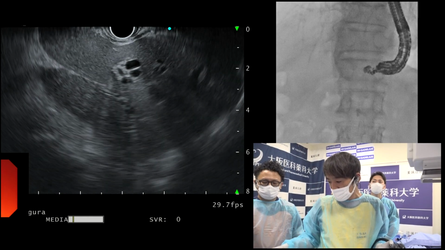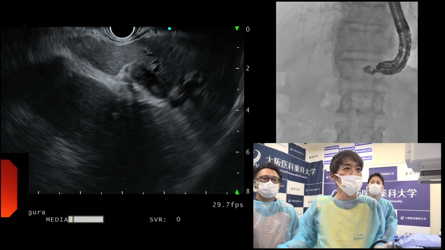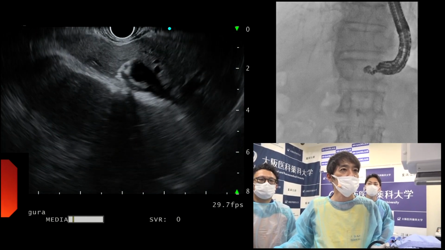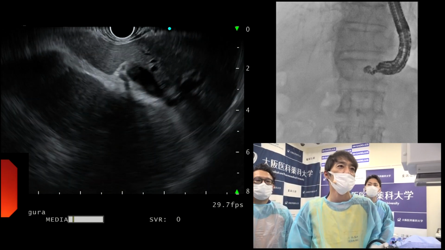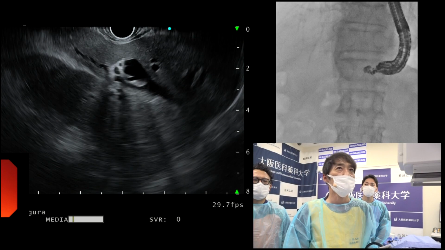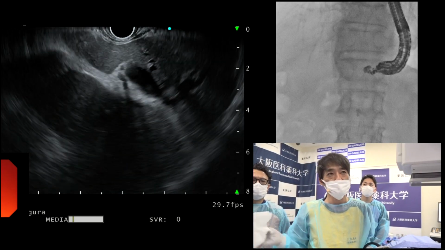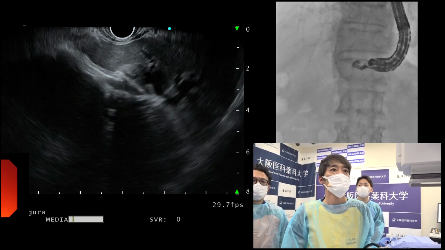This image has low echo reduction. After low echo reduction, the biliary tract is clearly observed. So during EUS-BD, low echo reduction may be useful. Okay, so please follow.